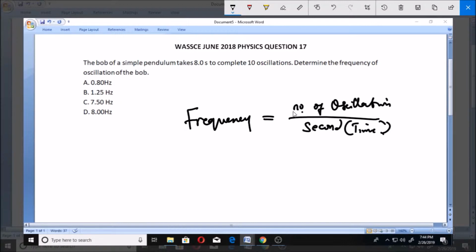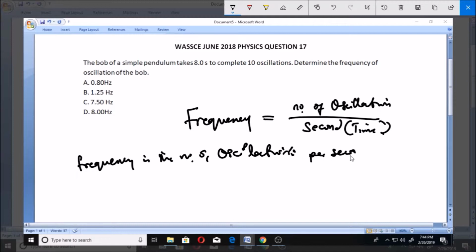So the number of oscillations that is completed in a second, that's what frequency is. Frequency is the number of oscillations per second. So how many oscillations is able to be completed in 1 second?